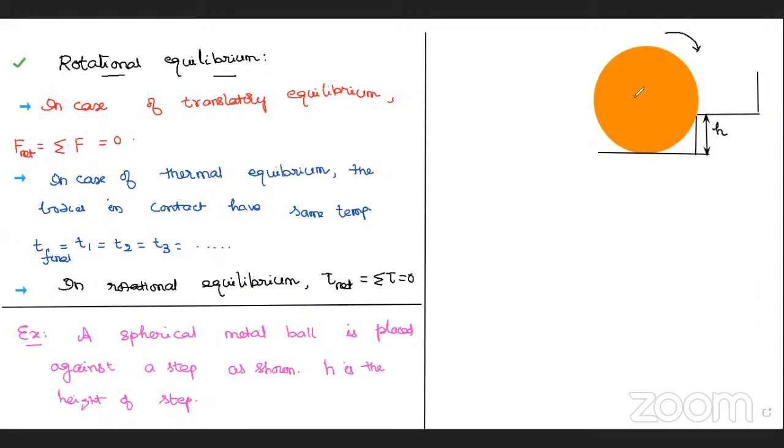To roll, we have to apply a force somewhere. Where did he apply it? He applied the force like this, appearing to pass through the center. Where is the center, sir? Somewhere here. This is the center.